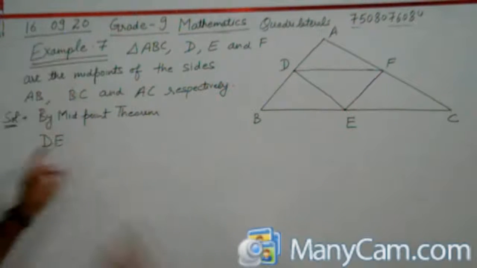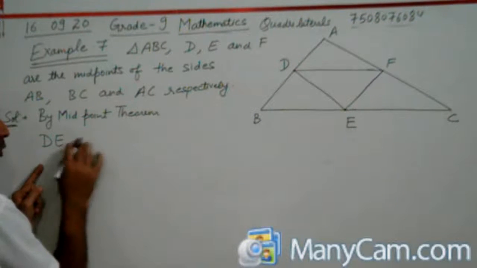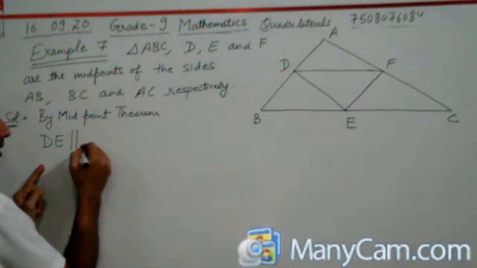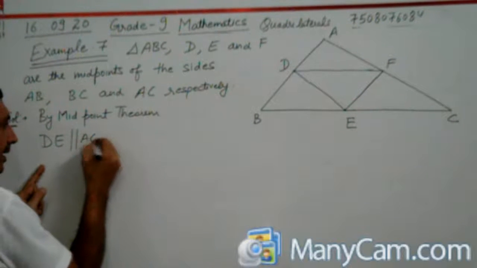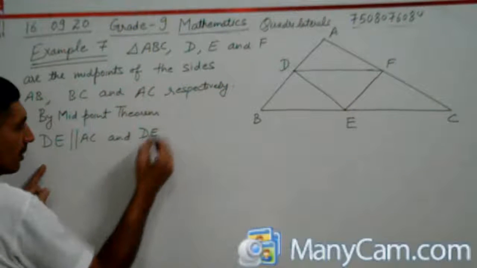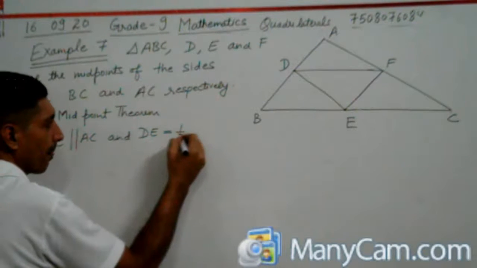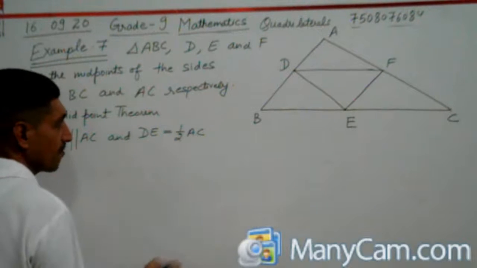So DE is parallel to AC and DE is equal to half of AC.